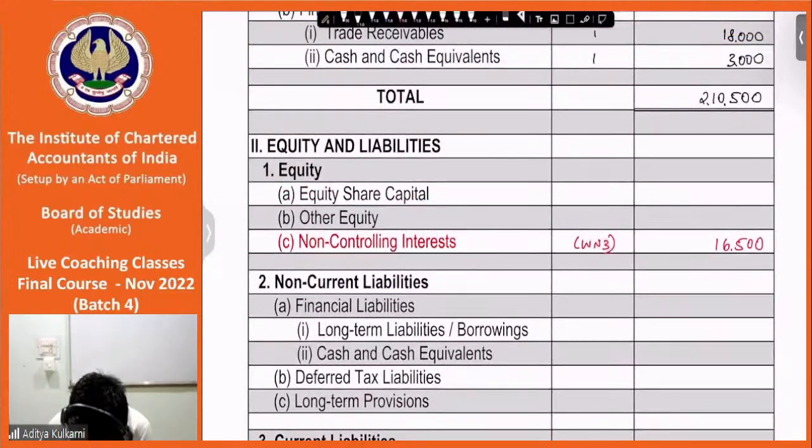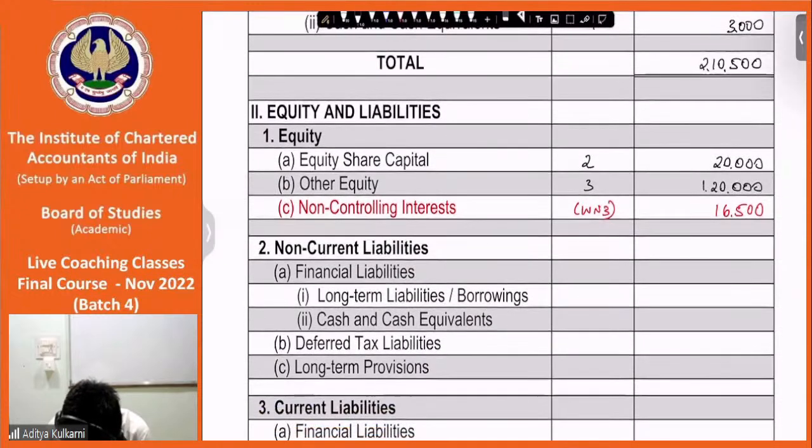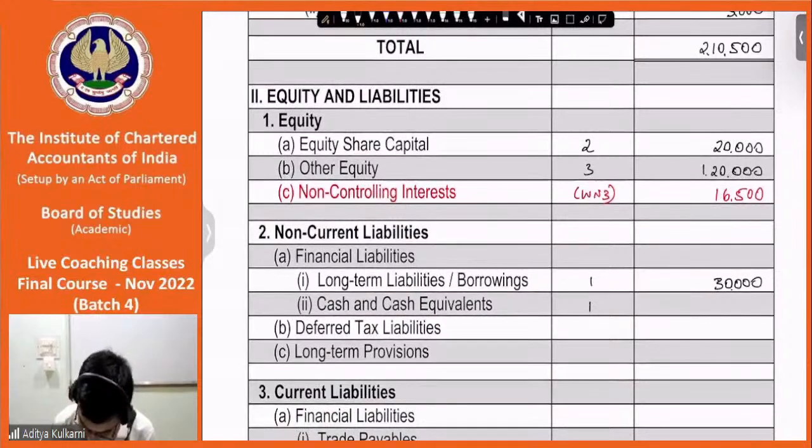Equity share capital, this is note number 2, which is of the parent, that is 20,000. Other equity, note number 3, which is 1 lakh 20. We have just now balanced. Remaining items, note number 1, 30,000. Then cash and cash. Yeah, this should not have come.